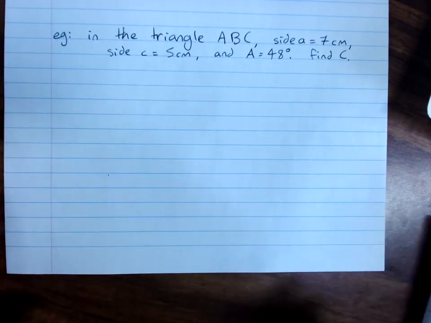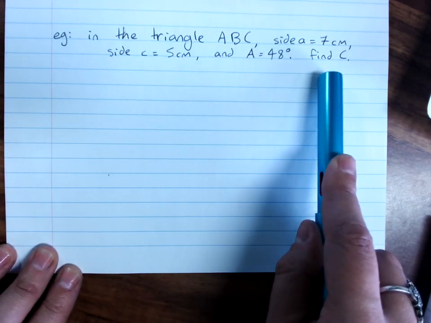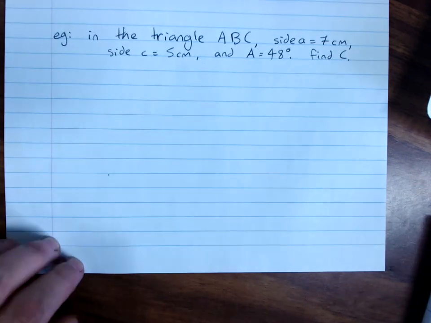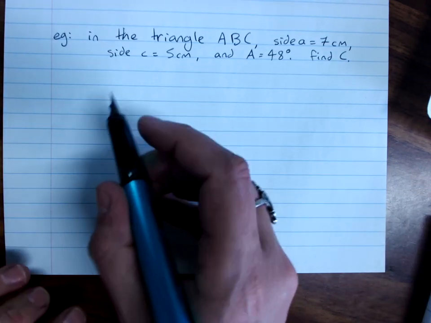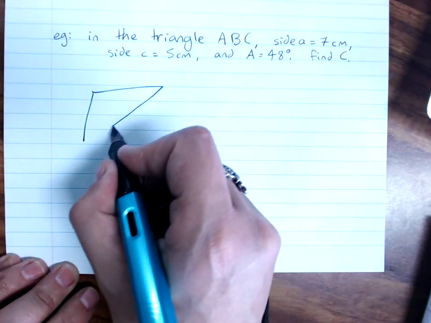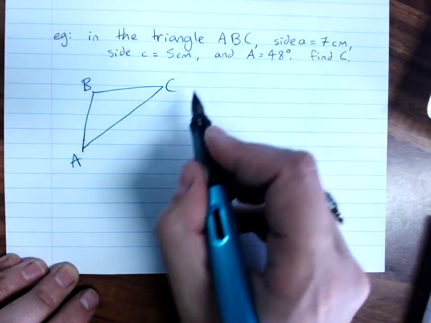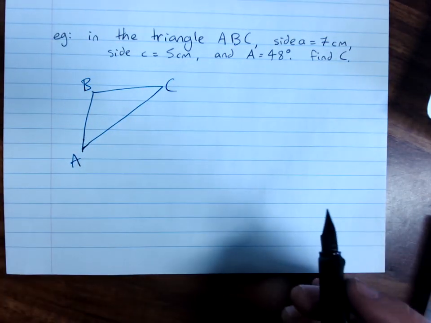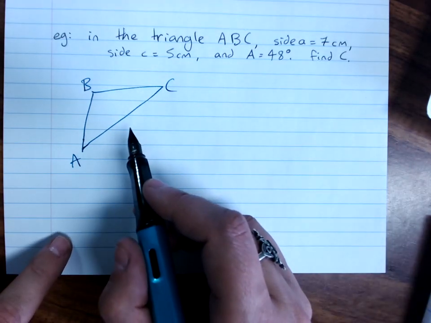Here's the next type of question that we're very likely to get. For starters, we're finding an angle, and they often will describe the triangle to you, and you'll have to draw it. Now, don't need to get carried away with being to scale. You can pretty much just go, let's call it ABC, but we're going to come up with all sorts of different triangles. As long as you label it accurately, we're okay.